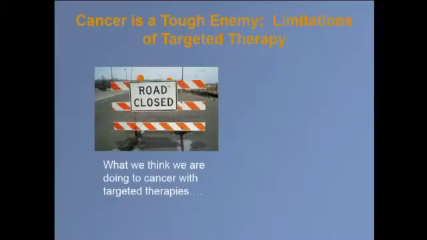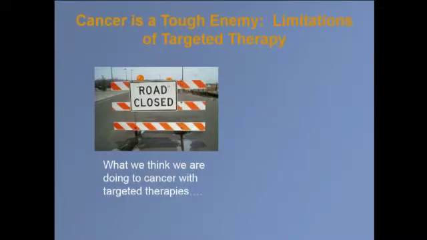Unfortunately, even as we could develop better therapies based on our understanding of the genome, we still have to deal with the fact that cancer is a very difficult enemy. When we give these therapies that are trying to attack the real underlying biology of cancer, we might be thinking we're going to put in a roadblock that's going to stop cancer in its tracks.